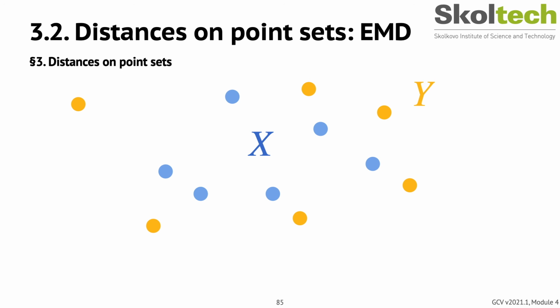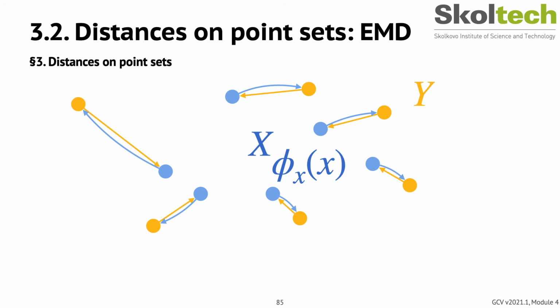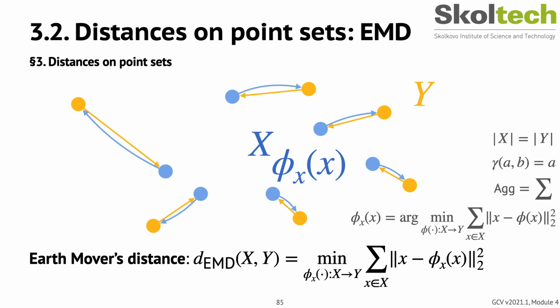Another distance function commonly used in practice relies on the assumption that the two sets X and Y have the same number of elements. The Earth mover's distance relies on building a bijective mapping, phi of x, which maps points in X to their unique counterparts in Y and is an invertible one-to-one correspondence between the sets. The EMD distance solves an optimization problem, namely the assignment problem. For all but a zero-measure subset of point-set pairs, the optimal bijection phi is unique and invariant under infinitesimal movement of the points.